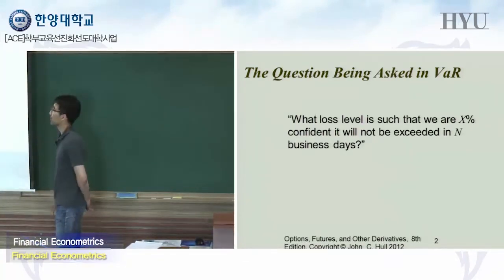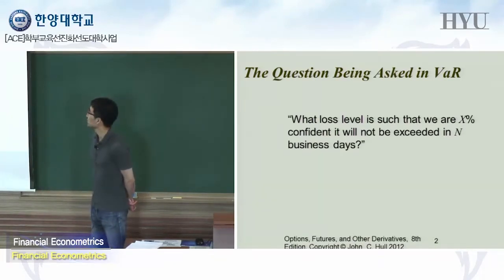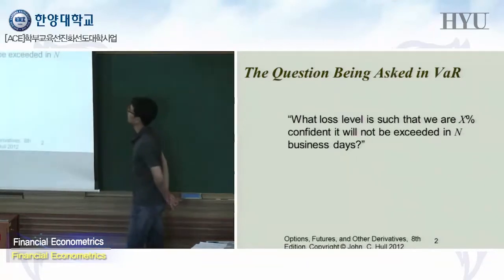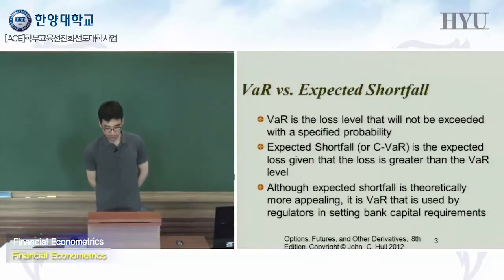It is a loss level, so it is an amount. Whenever we say value at risk, we need 2 other values, X and n. The example makes it clearer.